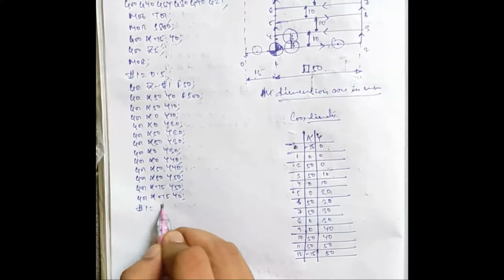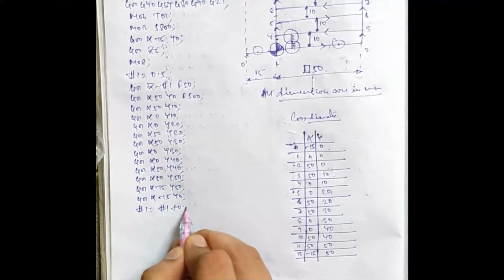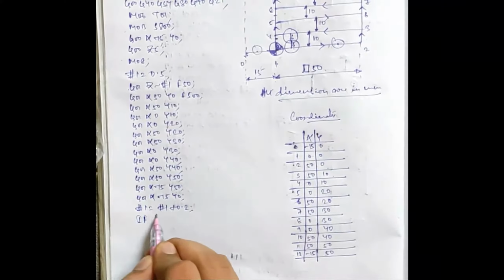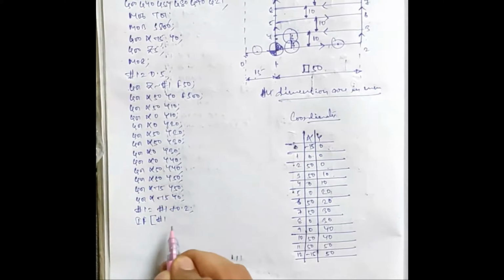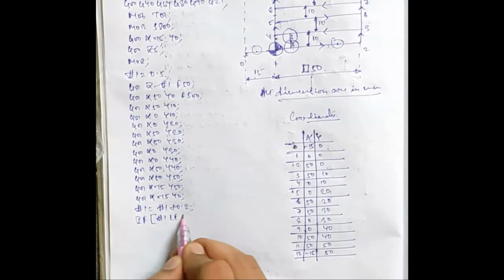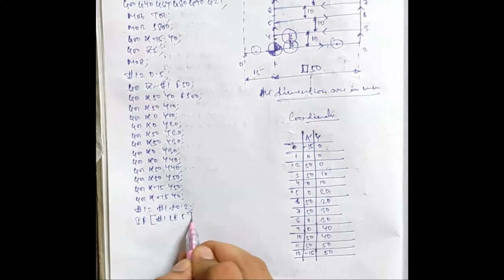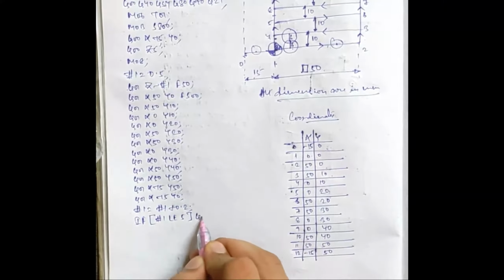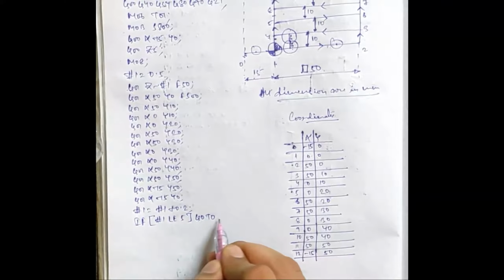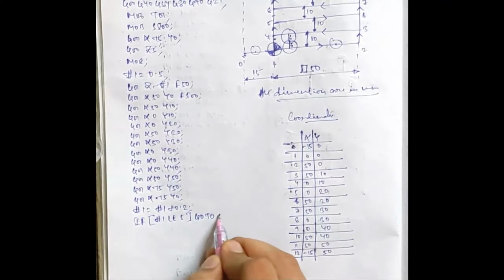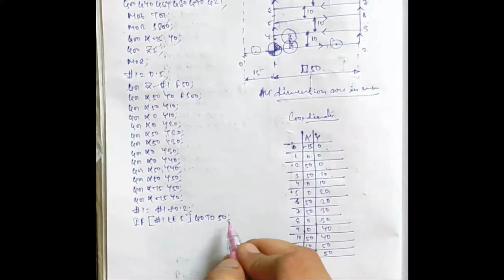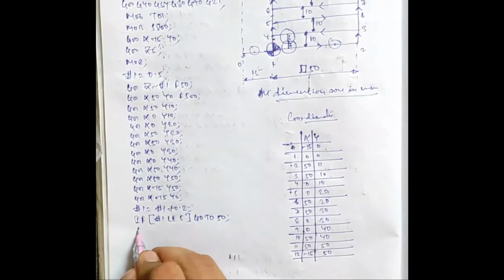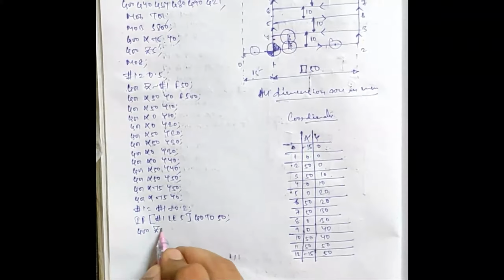Then after writing this line, you have to write over here: H1 equal to H1 plus 0.2, IF [H1 less than or equal to 5], GOTO 50. Okay, then after that take the Z axis up, G00 Z5.